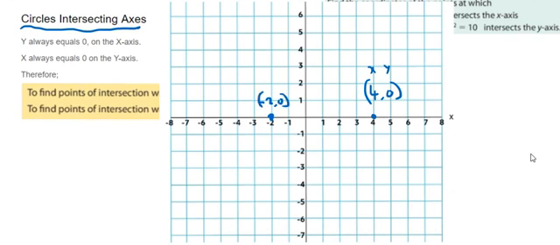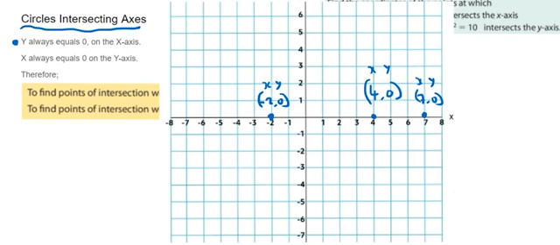Again the y value is 0. And that point there is 7, 0. So again, the y value is always 0. That's what I mean by this point up here in the top left corner: the y always equals 0 on the x-axis. So for every point on the x-axis, y will be 0.